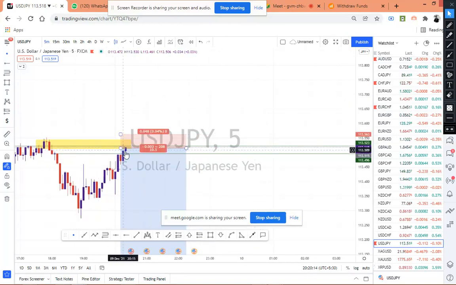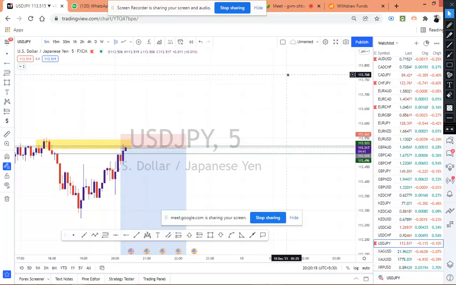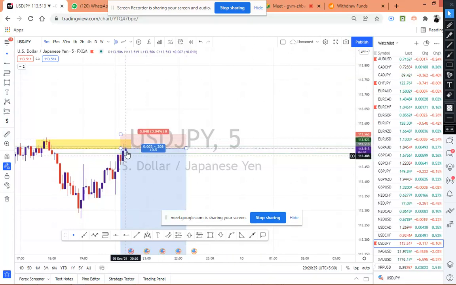I'm still not satisfied because I can see buyers are still trying to go up. So if I see any sellers entry after this candle, then I'll go with sellers.